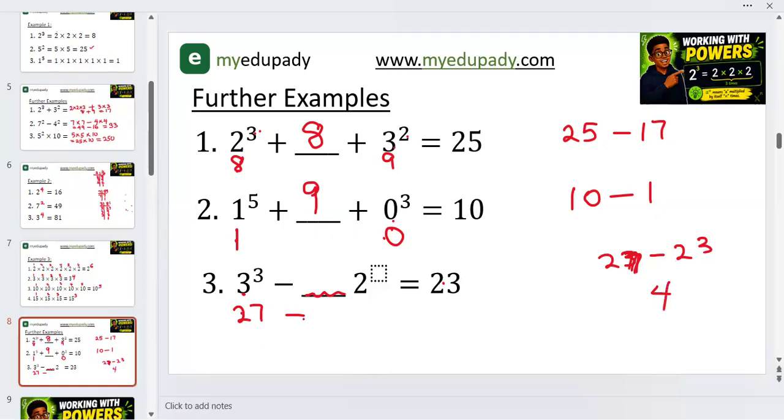So I know that 27 minus 4 will give me 23. So how can I write 4 as 2 exponent something? So we know that if we do 2 times 2, I'm going to get 4. So I'm multiplying 2 in 2 places to get 4. So that means this will be 2 to the power of 2.